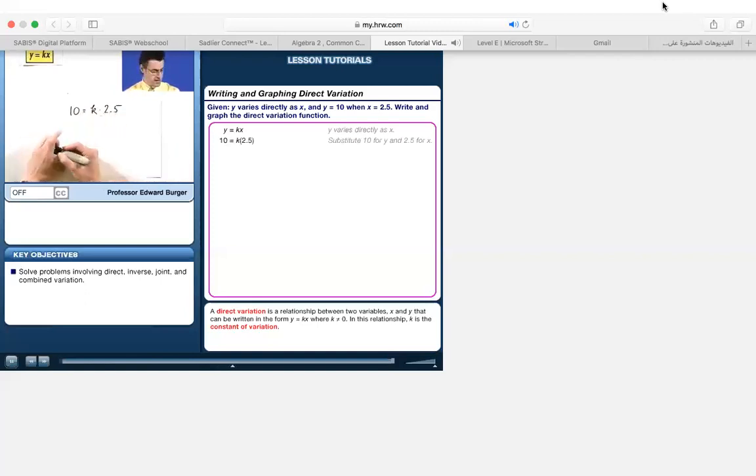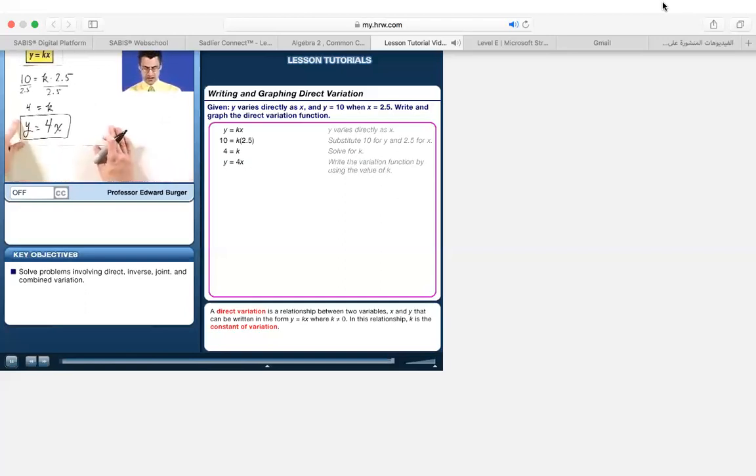If I divide both sides by 2.5 to get k by itself, we see k equals 4. So if k equals 4, my direct variation is y equals 4x.